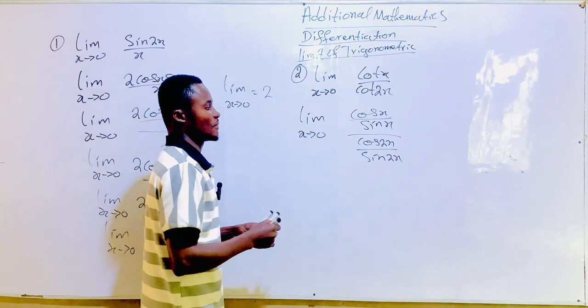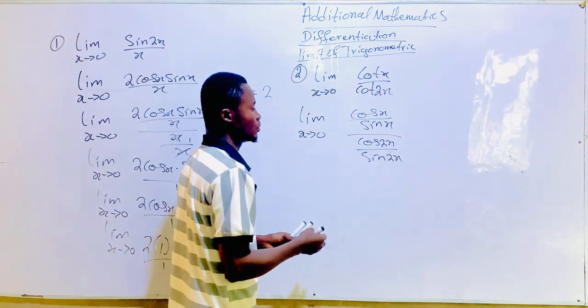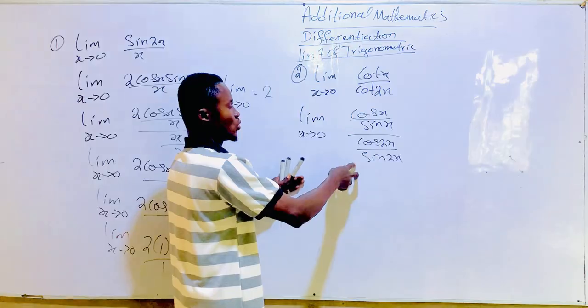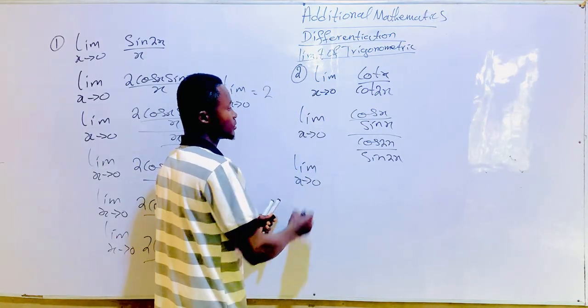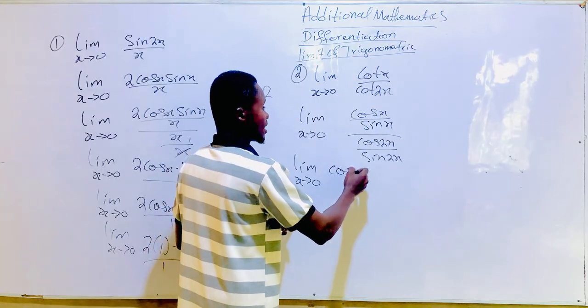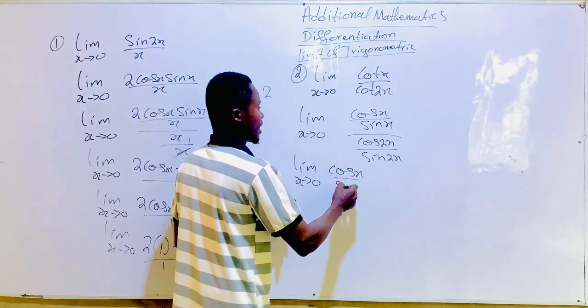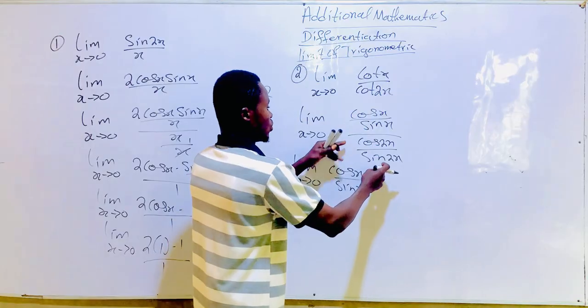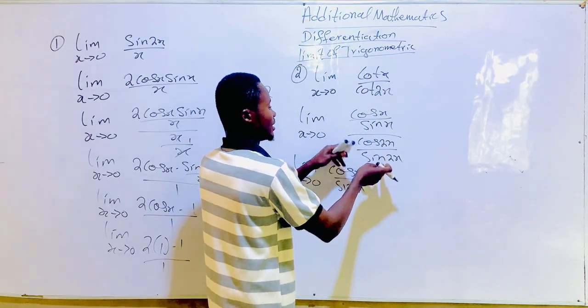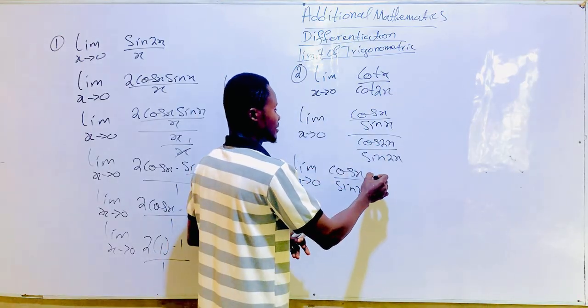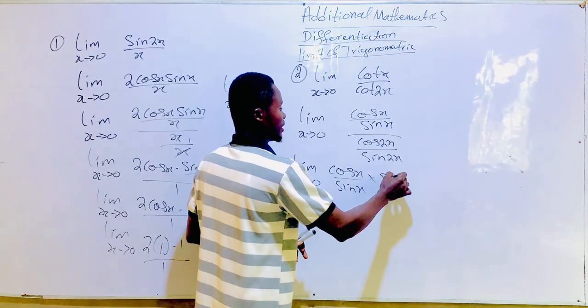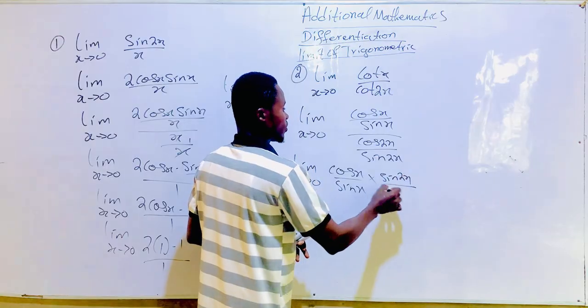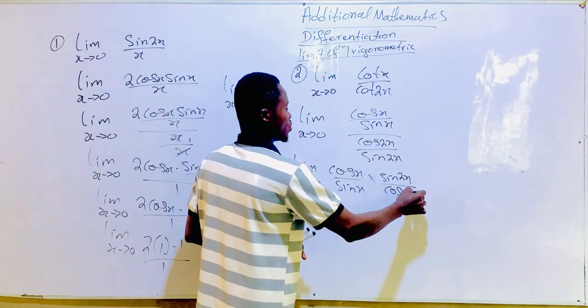Now what do we do? We can divide through by what we have. So we can have the limit as x approaches 0 of cos x all over sine x. When we multiply by the reciprocal of the denominator, we get times sine 2x all over cos 2x.